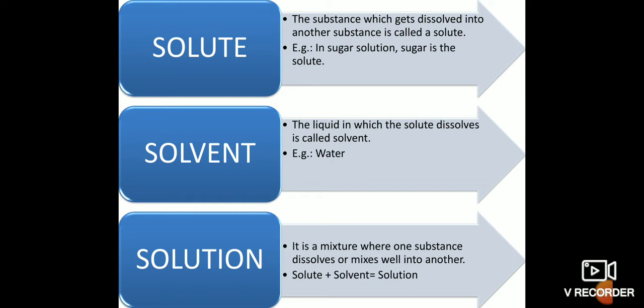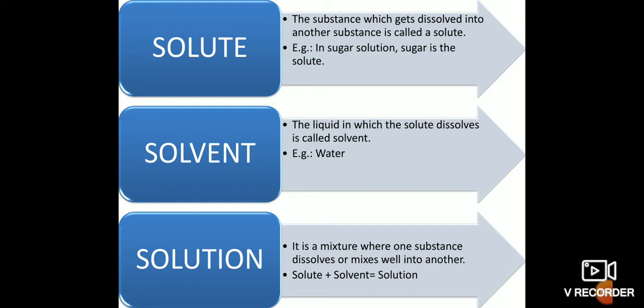Is the definition clear between solute and solvent? Solute is in less quantity and solvent is that part of solution which is taken in larger quantity. Example, water.